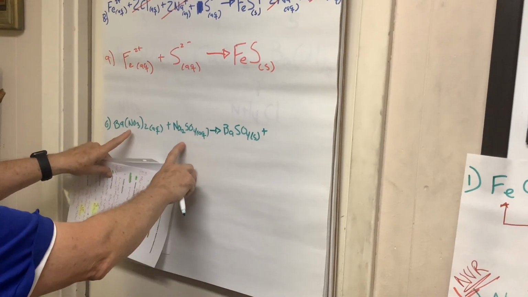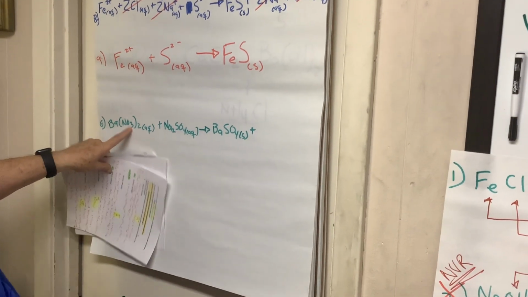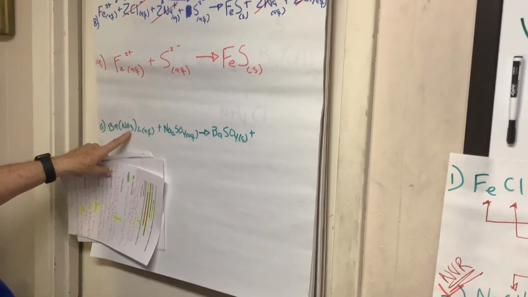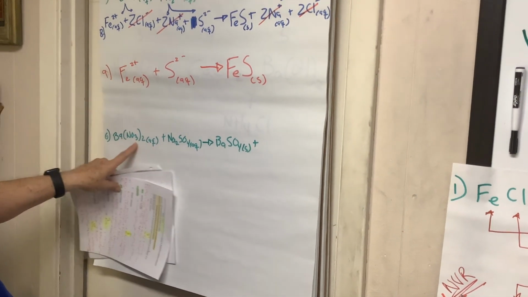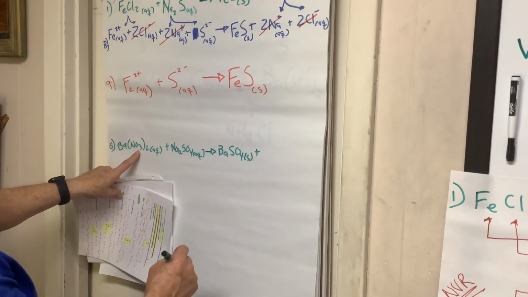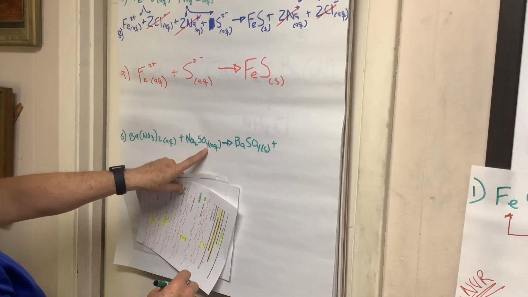But notice I have nitrates minus 1, bariums plus 2. So I have 2 nitrates for every barium, because I need a neutral overall charge. So, and sodium is plus 1, sulfate is minus 2.